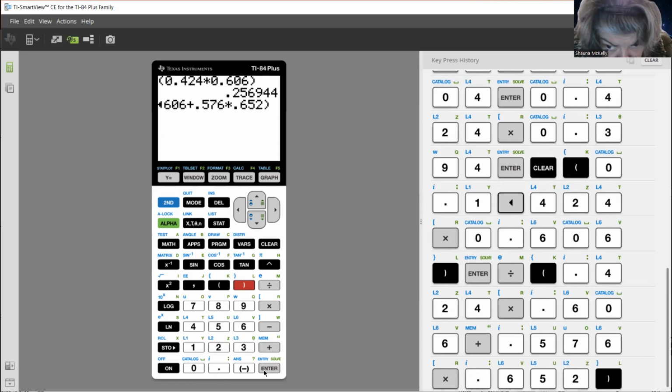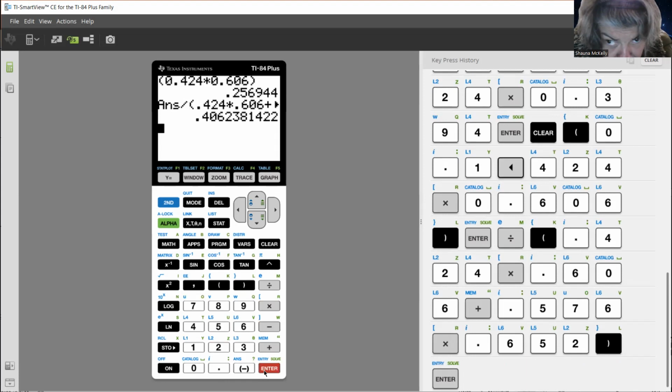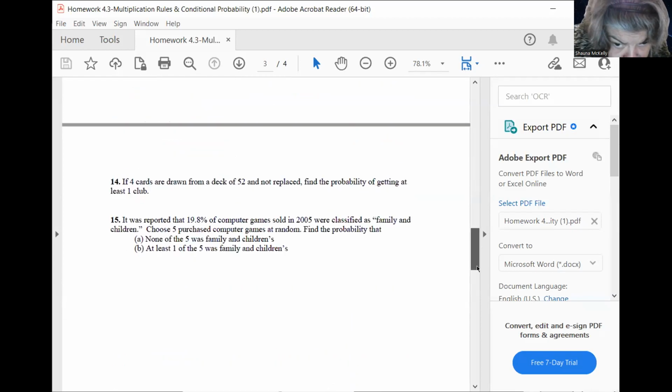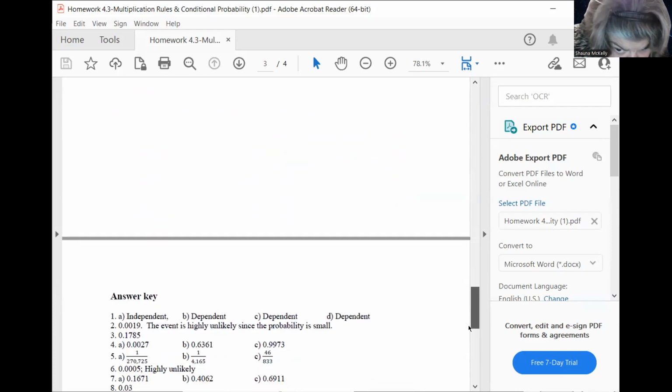If I did that right, I end up with 0.4062. Let's go to this here, scroll down, and look for it.